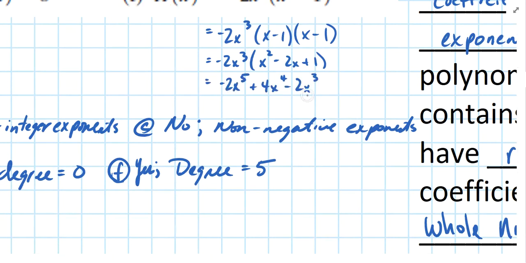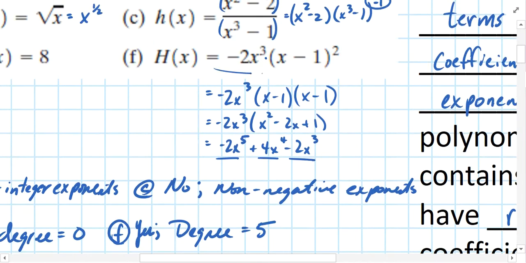And clearly now we have a collection of terms. Each term contains a coefficient, a variable, and an exponent. The exponents are all whole numbers, the coefficients are all real numbers, and each of these terms are separated by an addition or subtraction sign. So clearly we do have a polynomial, even though it's written in a slightly different form originally.